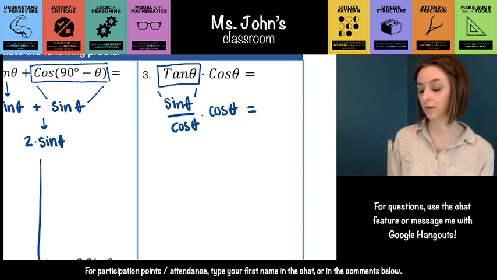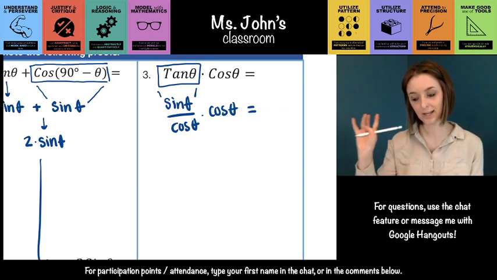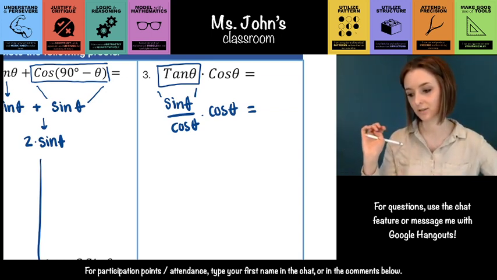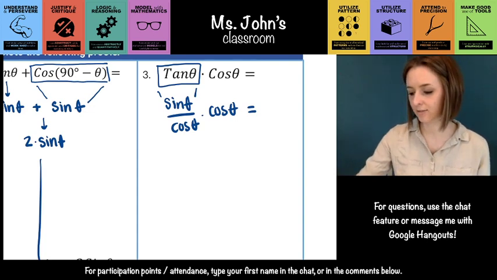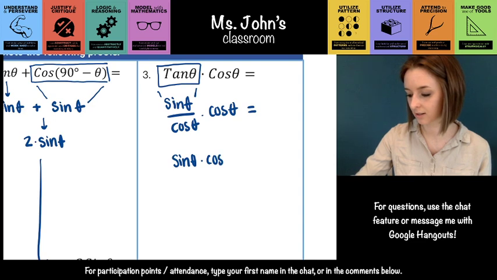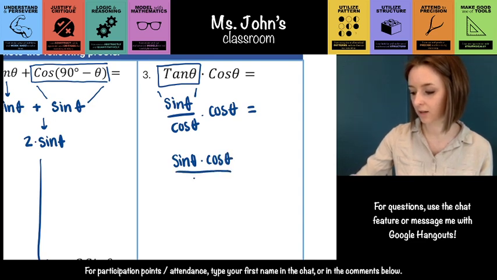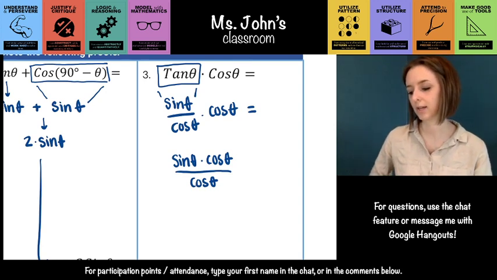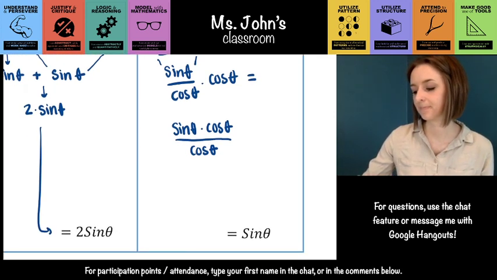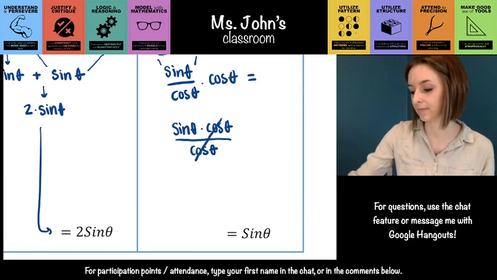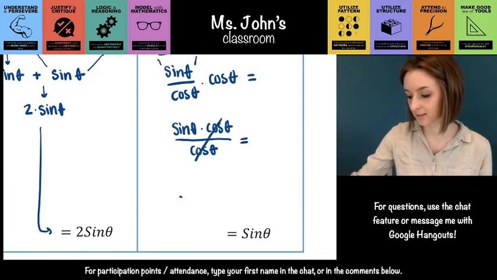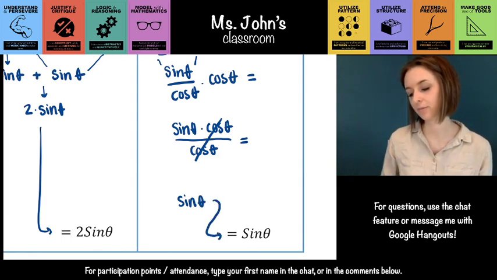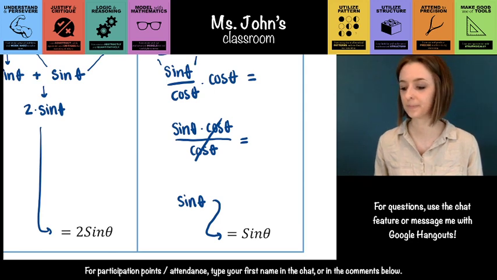And then you might notice that we have divided by cosine and multiplied by cosine, which, if it's easier to see, you can rewrite as sine of theta times cosine of theta over cosine of theta. That's what would happen if you multiplied those two things, and those cancel, which is brilliant because we wanted it to equal sine of theta, which then bridges that gap.